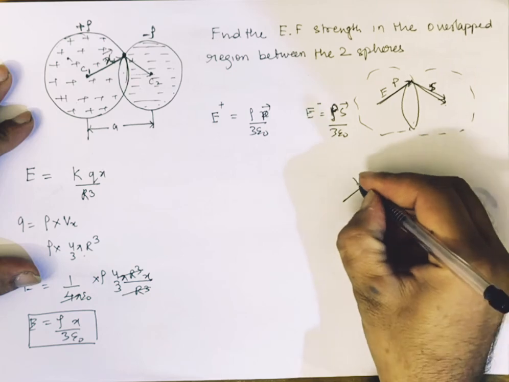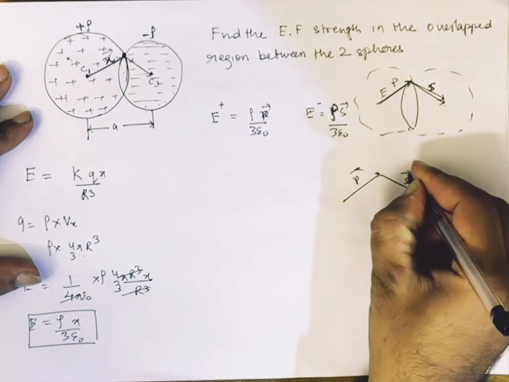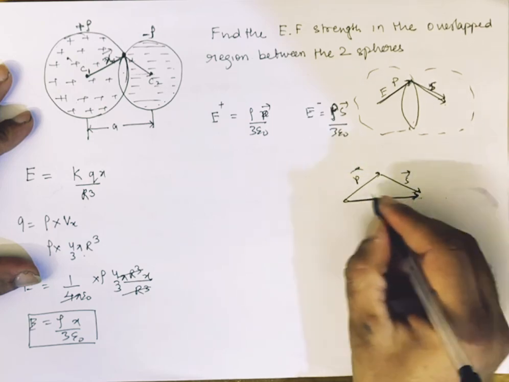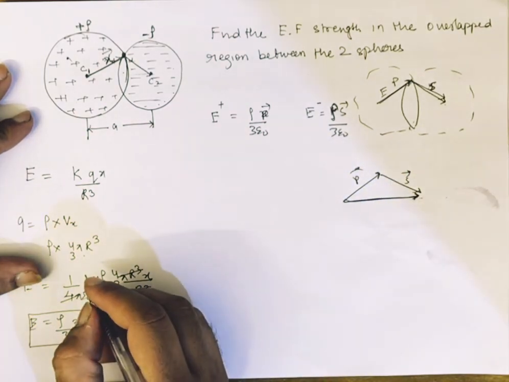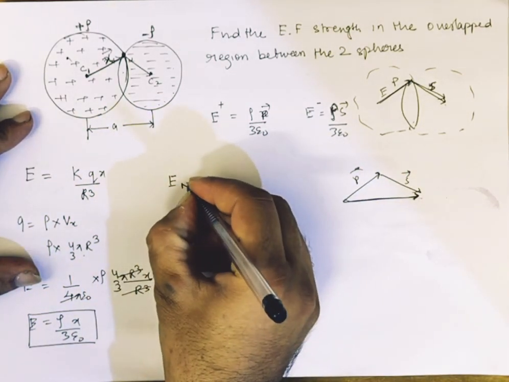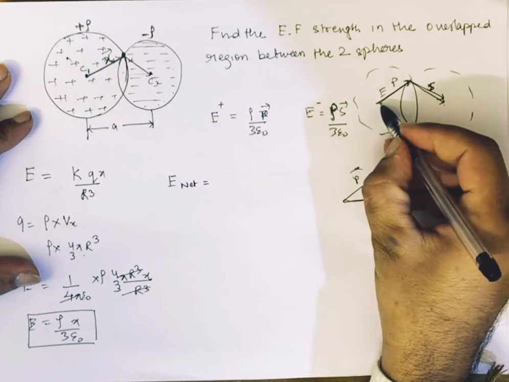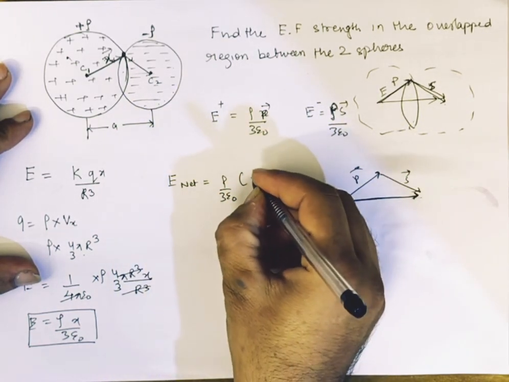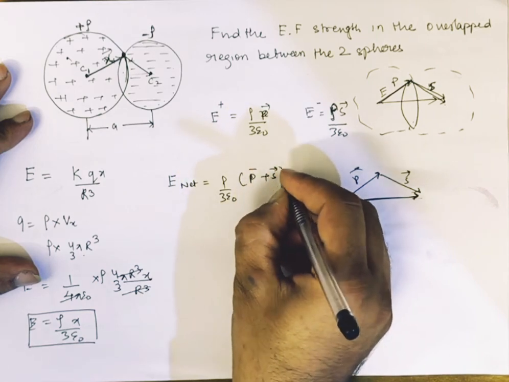So this is p and this is s vector. Now if you see, this is the p vector and this is the s vector. If I add them, it will become this vector, isn't it? This is by the simple triangle law of vector addition. So the net field will be in this direction, that is rho by 3 epsilon, I can take common, p plus s.